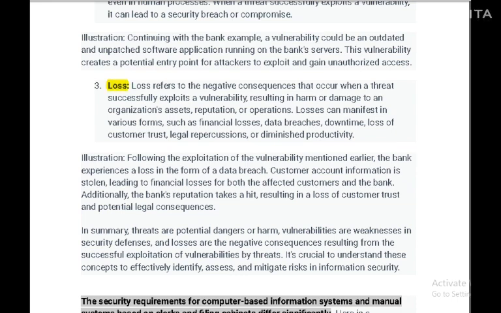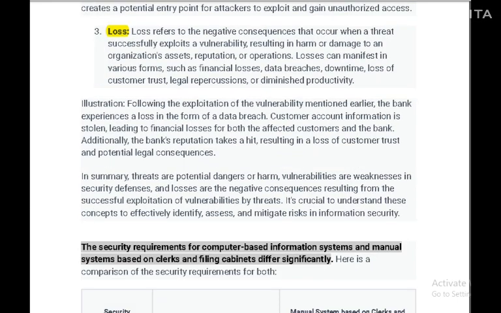Third is loss. Loss refers to the negative consequences that occur when a threat successfully exploits a vulnerability, resulting in harm or damage to an organization's assets, reputation, or operations. If we consider an example of loss, let us consider the same example of the bank.